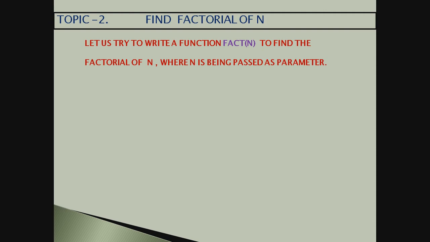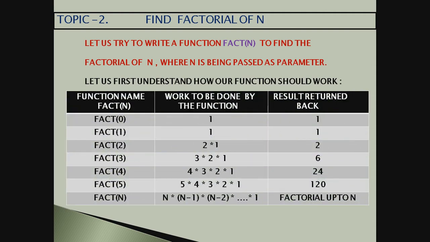So we'll understand how our function has to work, and for that I have made a table. See this table. It takes many cases and helps us understand how factorial is actually calculated and how fact_n should work.